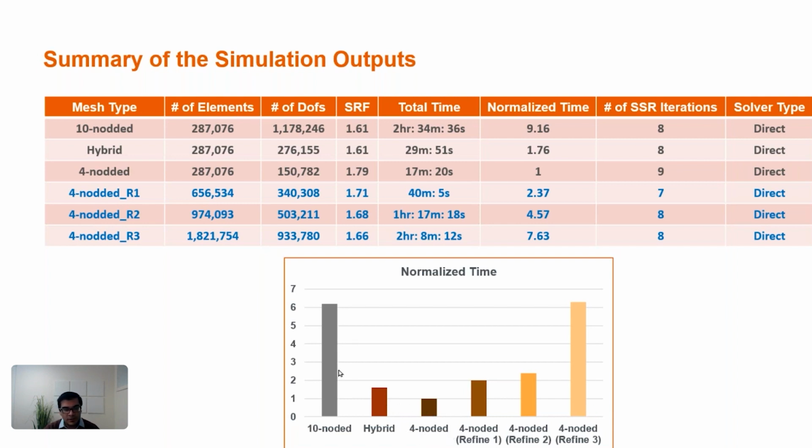Just by comparing the calculated results and the amount of time, you can see the hybrid mesh is the way to go. You can get accurate results with a way faster simulation. That's why we introduced it in RS3.